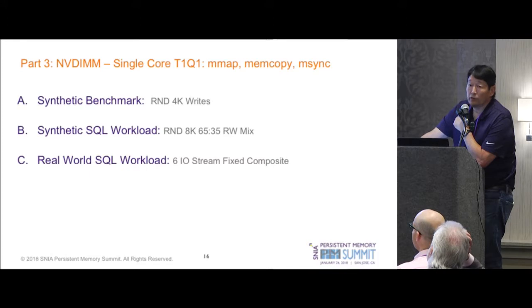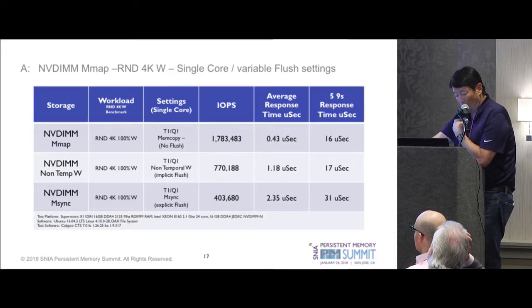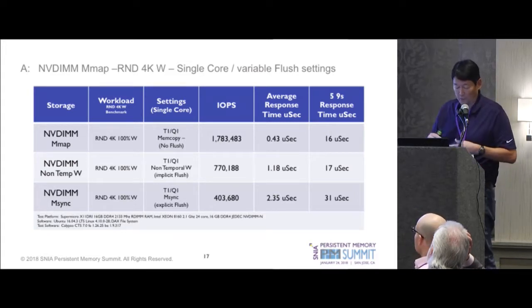And I forgot to mention the test setup before, but on every chart here, you'll see at the bottom this tiny, tiny script. You can't see it, but it says test platform with a Supermicro something something. I have to put my glasses on.